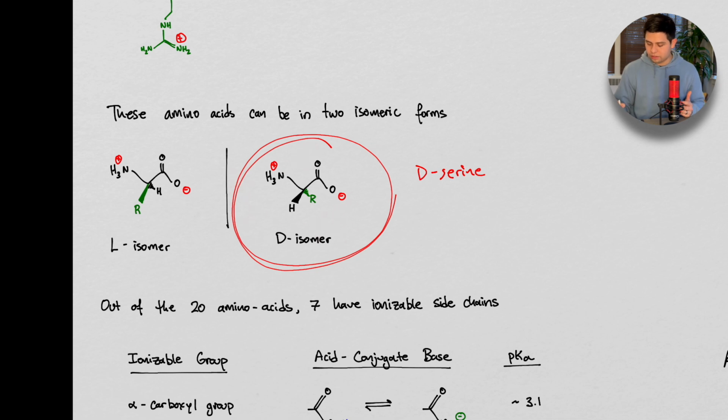It's talking about this chiral form, or this isomer, of the amino acid. So you can have L-serine, which is going to look like this, in which this R group is coming out of the plane, and then D-serine. These are two different things, right?